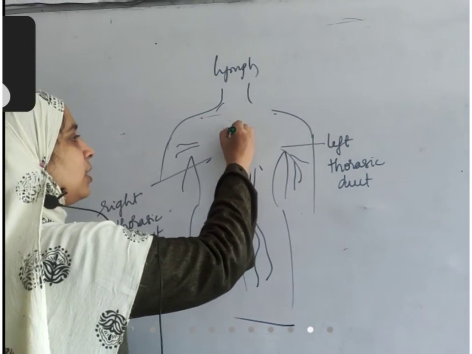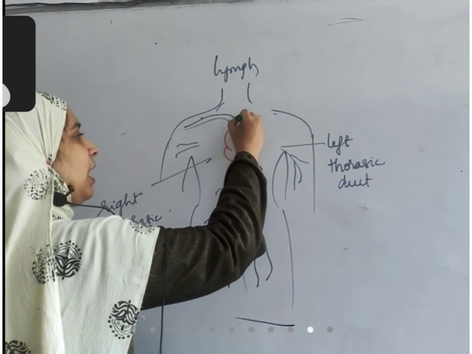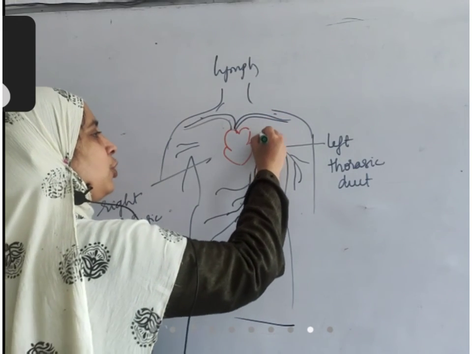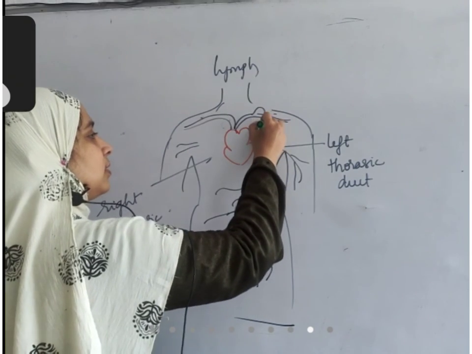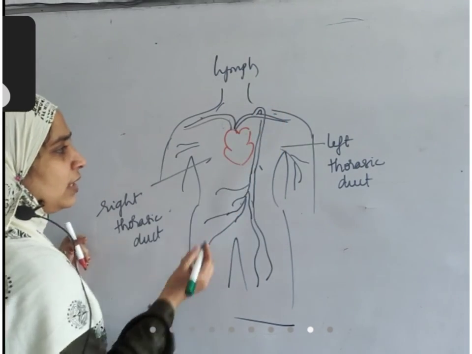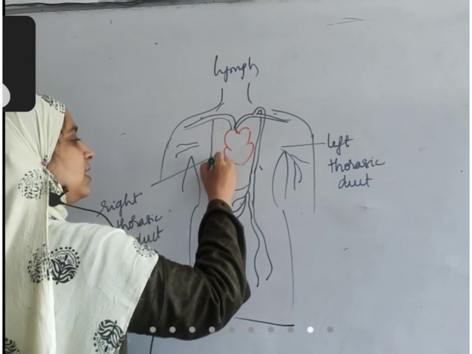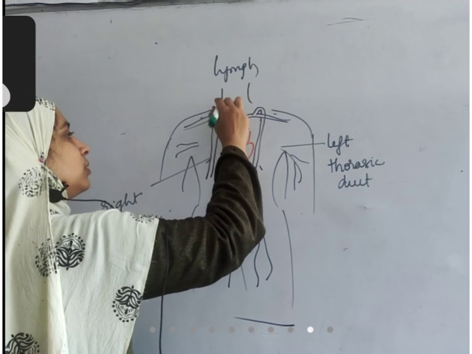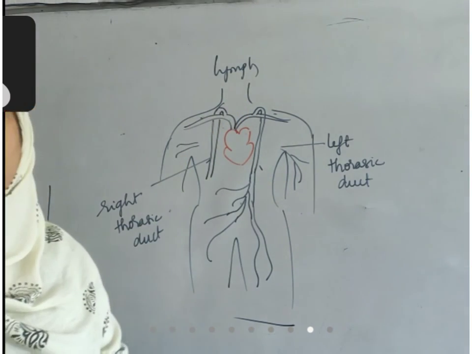So this left thoracic duct will come and leave all the contents into the left subclavian vein. The right thoracic duct will drain all the contents into the right subclavian vein, like that.